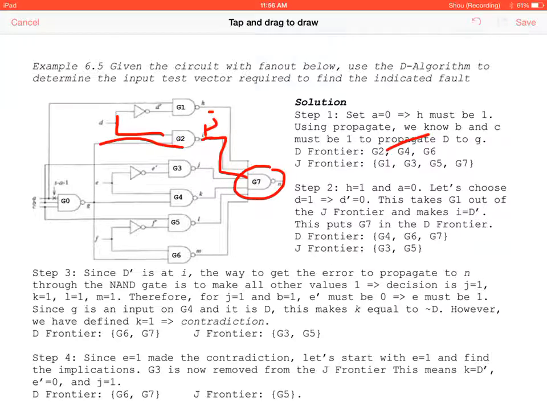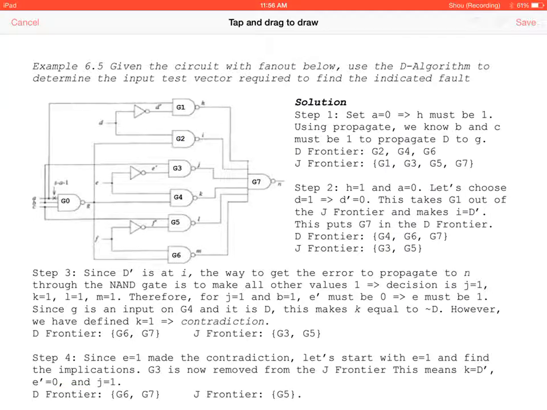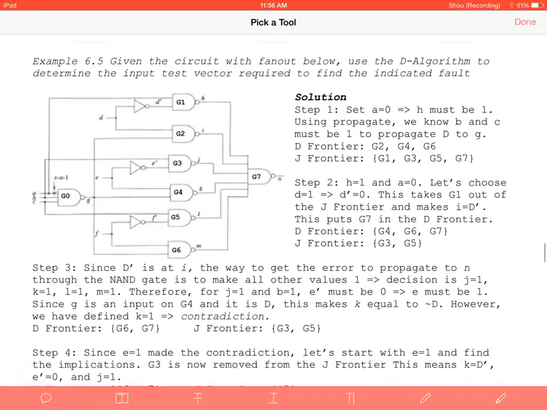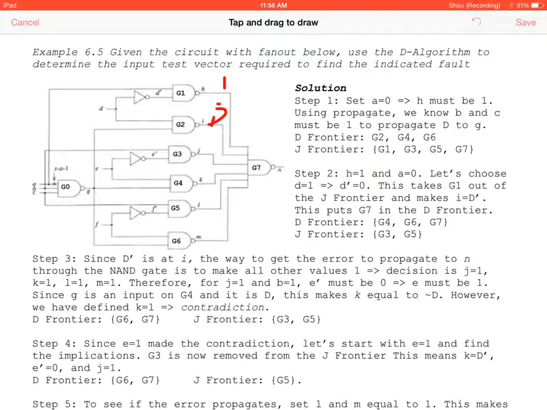So now we're at step 3. So D bar is 1, right? And we have G here. Now we have to try to select E. So what we have to do is select the best way to propagate the NAND gate to make all values equal to 1. So ideally, we have 1 here, D bar, and ideally what we could do is just go 1, 1, 1, and 1, right?